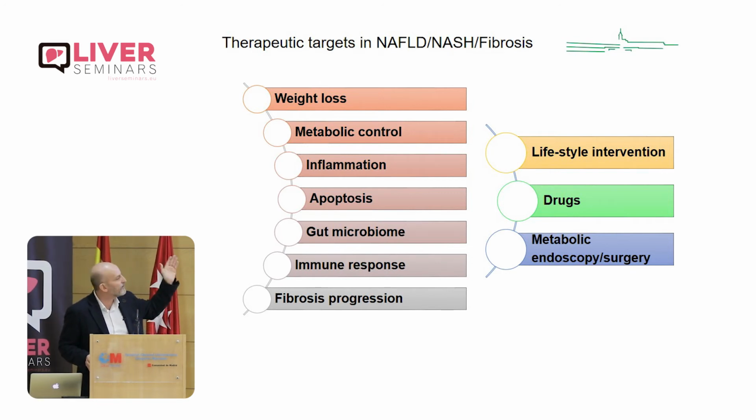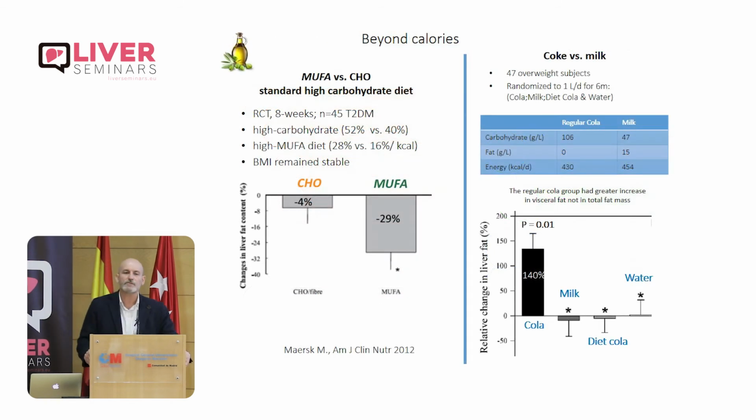We can focus on inflammation, apoptosis, the gut microbiome, the immune response, and also, of course, using antifibrogenic drugs to avoid fibrosis progression. To do that, we have three possibilities. The first one is lifestyle intervention. The second is using drugs, and the third, using metabolic endoscopy or surgery.